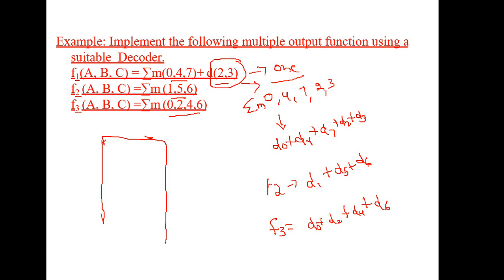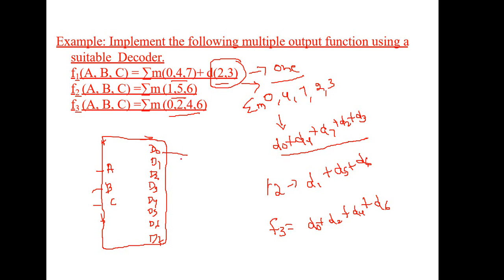Why 3 to 8? Because there are 8 outputs. So the decoder has outputs D0, D1, D2, D3, D4, D5, D6, D7, and the inputs are A, B, C. For function 1, it is D0, D4, D7, D2, D3.